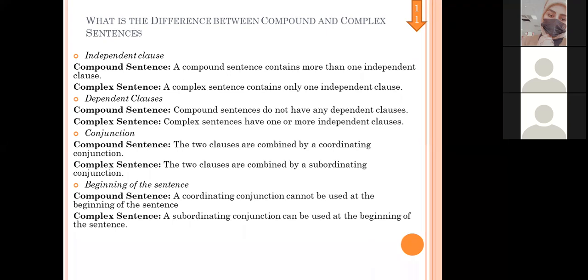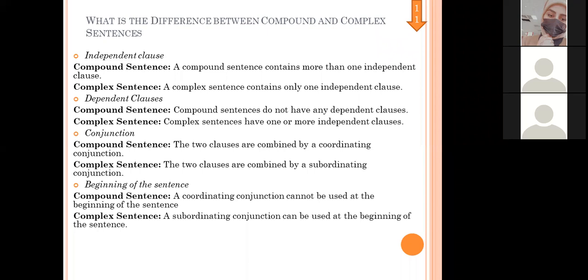Conjunction. In terms of conjunction, coordinating conjunctions are required to combine 2 clauses in compound sentences. But in complex sentences, subordinating conjunctions are required to combine 2 clauses.